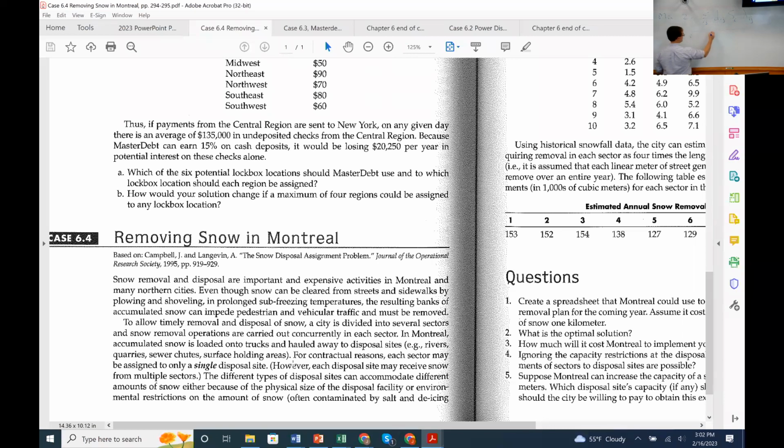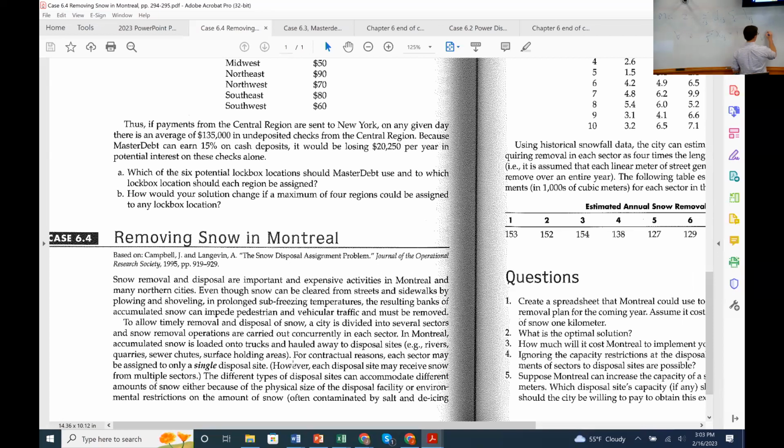For all sectors i, summing over j, x_ij is equal to 1. Some contractor has to be responsible for getting rid of the snow at all of the sites.